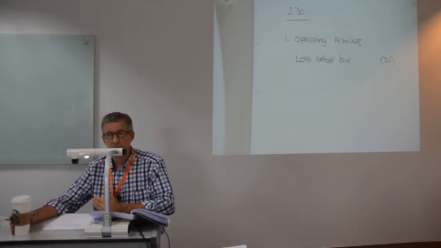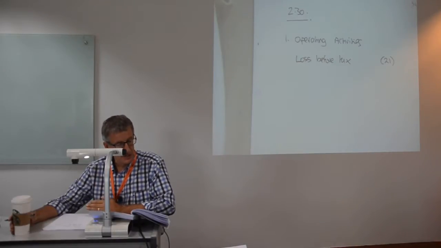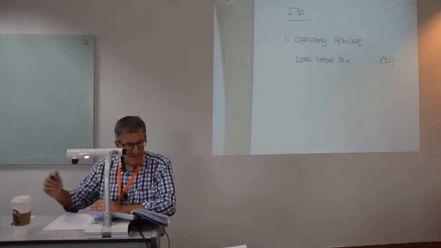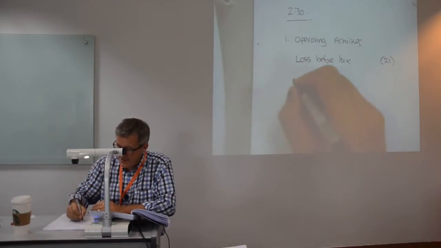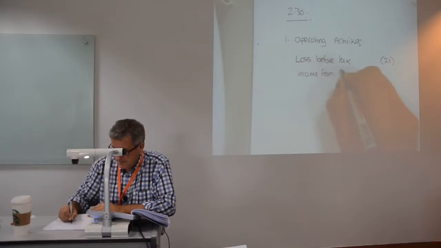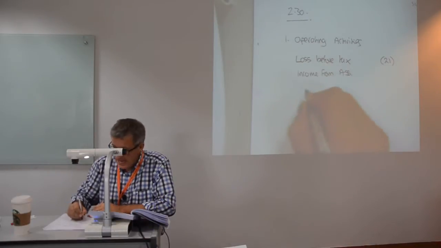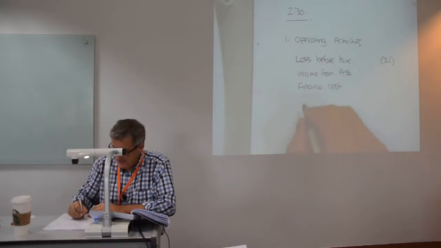Now the first thing I'm going to do is to look up, because there's a finance cost, because there's an associate, and because there's other income. So I have three weird things. I have the income from the associate. I have finance cost. And I have other income.